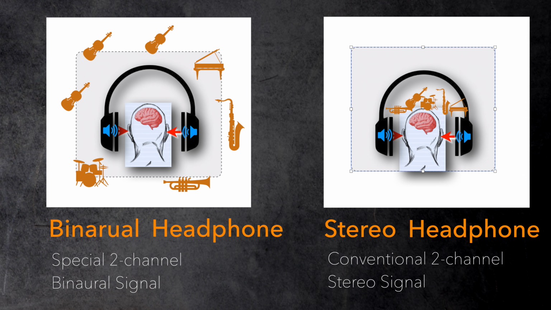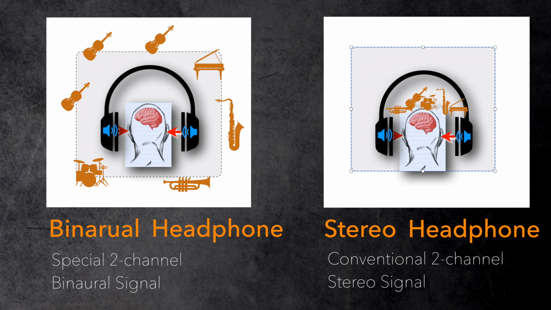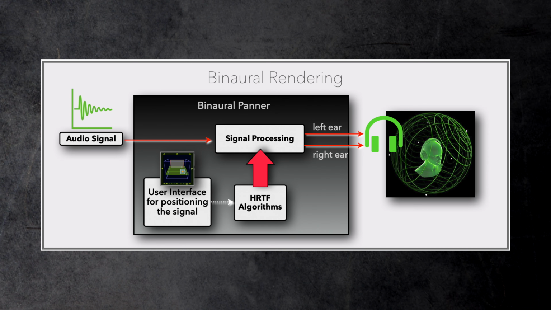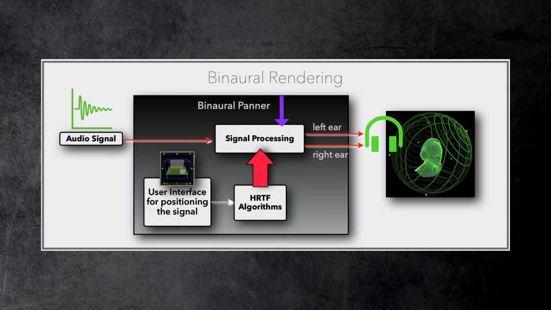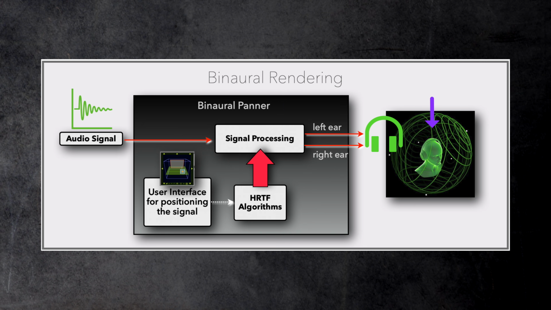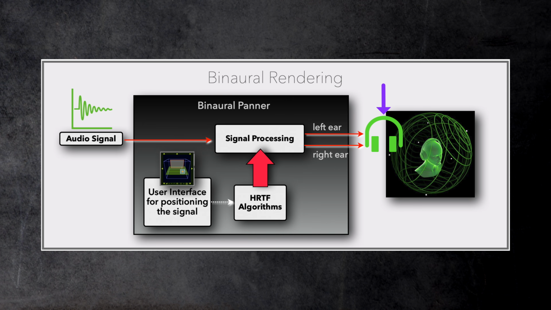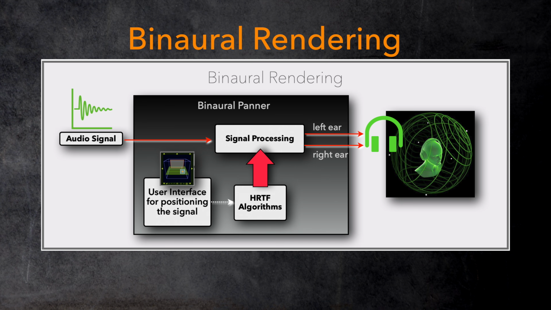Binaural headphone means you also play back 2 channels, but it is a special binaural signal that achieves that 3D listening effect. You can also artificially create a binaural audio signal by processing a signal and to position it anywhere in 3D space, and when listening back over headphones, you will get the sensation that it is coming from that direction. That is called binaural rendering.